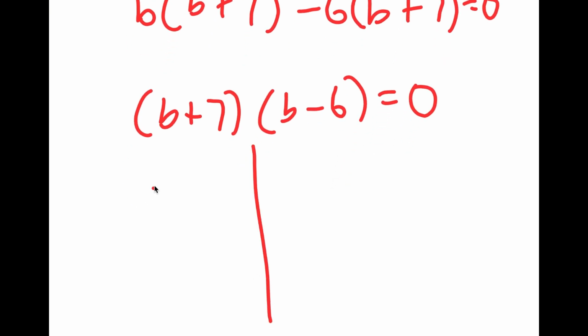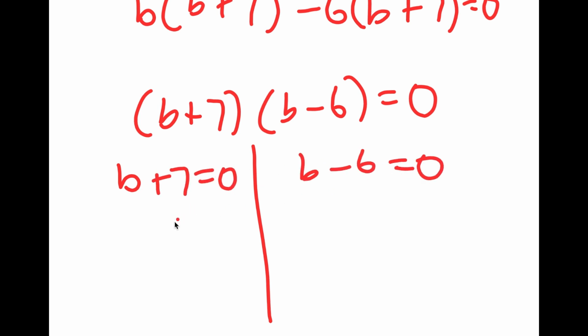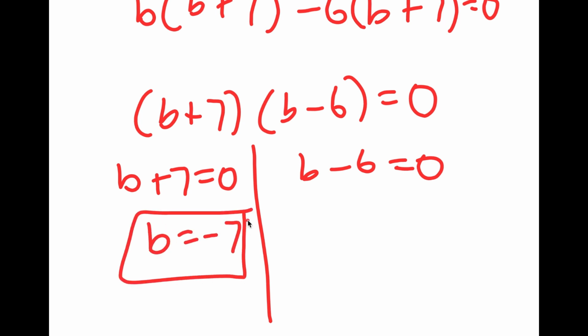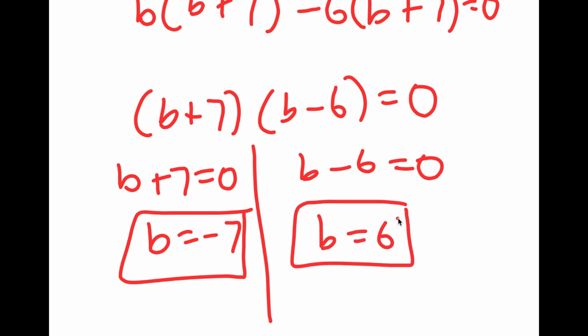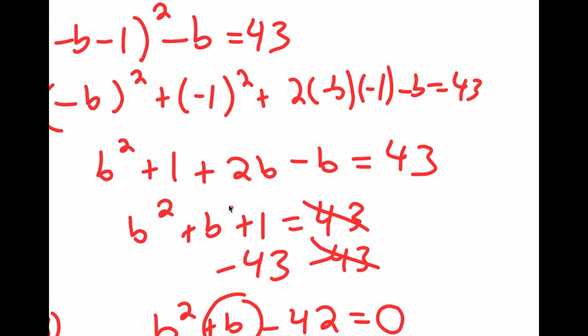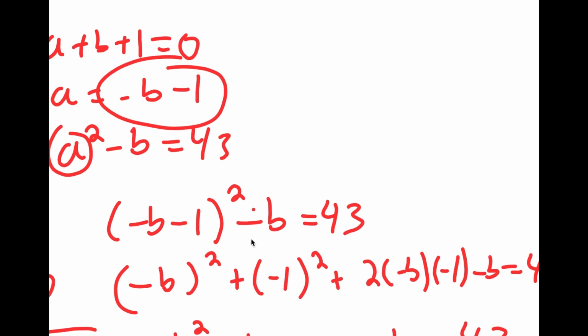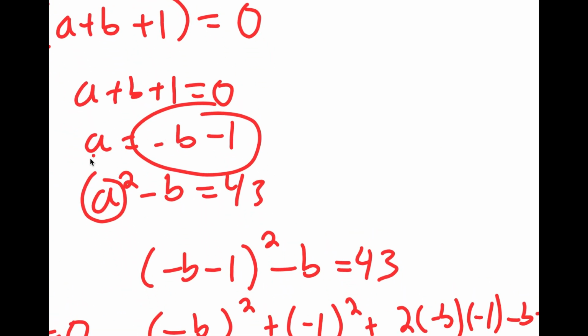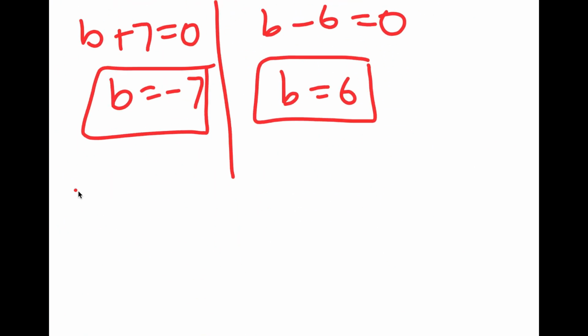And now this gives me two equations. I get b plus 7 equals 0, and I get b minus 6 equals 0. So for b plus 7 equals 0, b is equal to negative 7, and for b minus 6 equals 0, b is equal to 6. Now, we aren't done yet, because remember how we said that in the beginning, a is equal to negative b minus 1.